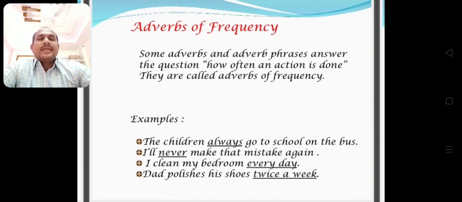I clean my bedroom every day. How often? Every day. Dad polishes his shoes twice a week. How often is the action done here? Twice a week. So always, never, every day, twice a week are the examples of adverbs of frequency.